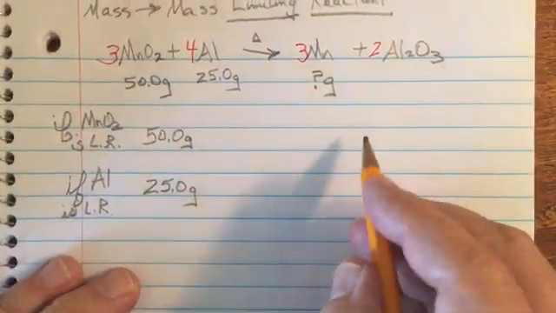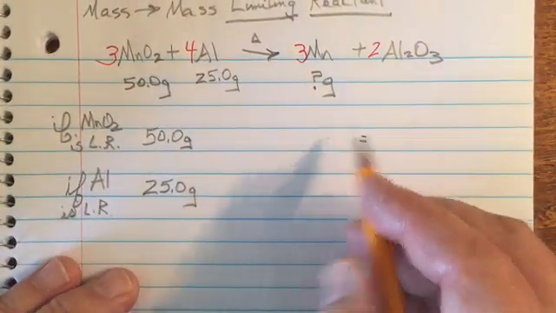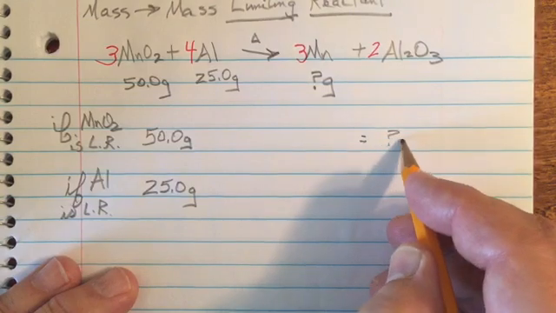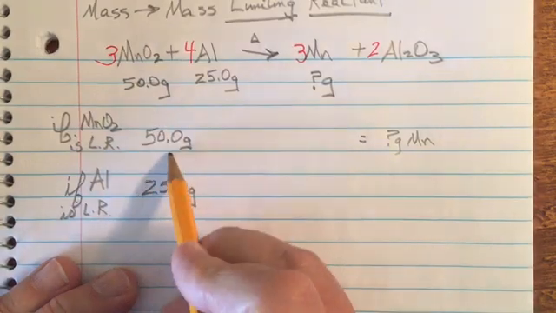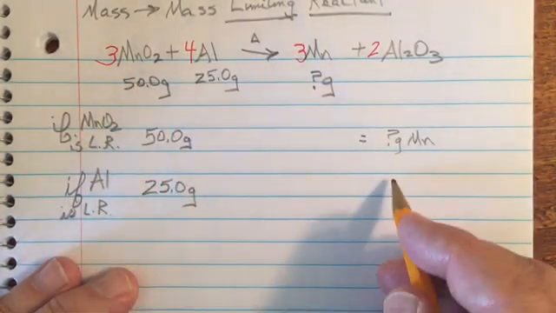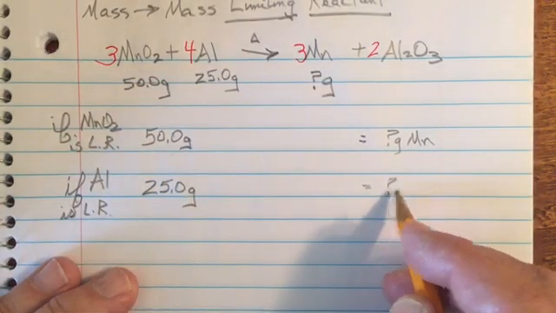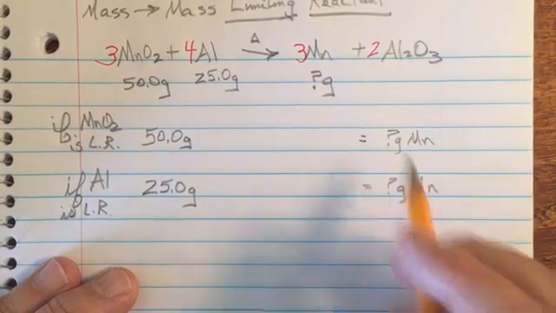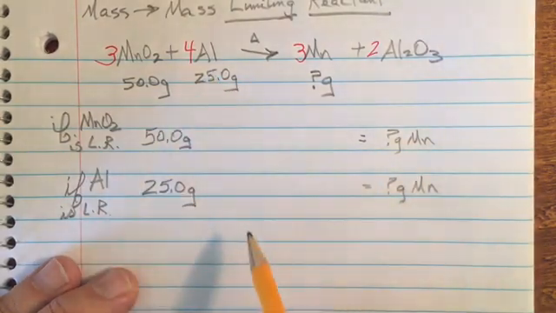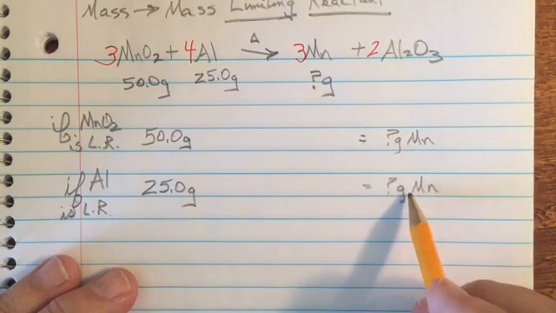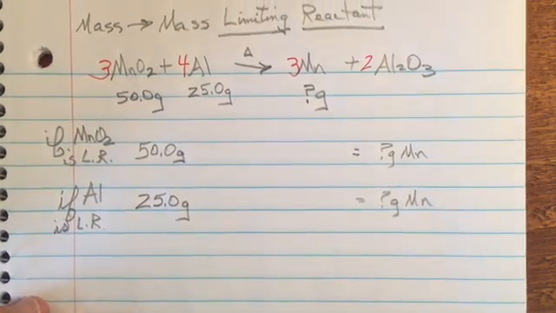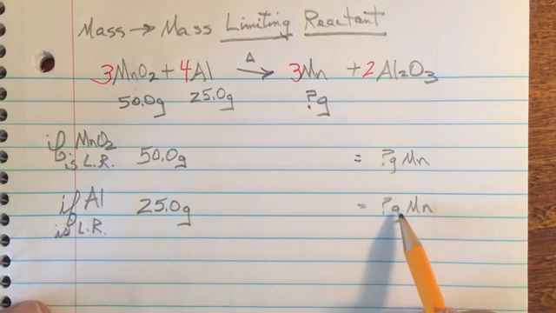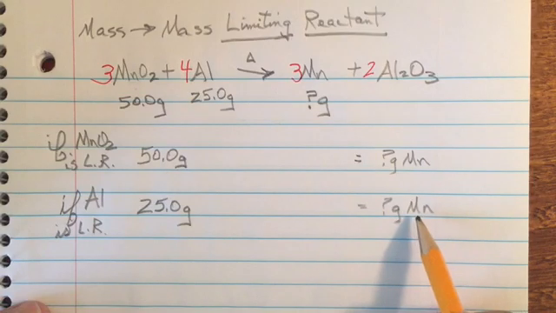When I'm through my 3-step processes, I'm going to determine how many grams of manganese is produced if manganese oxide is the limiting reactant, and then do another 3-step calculation to determine how many grams of manganese is produced if aluminum is my limiting reactant. These will be different numbers. Which one's correct? Well, the correct one is the one that produces the smallest amount of mass, the smallest number of grams of manganese.